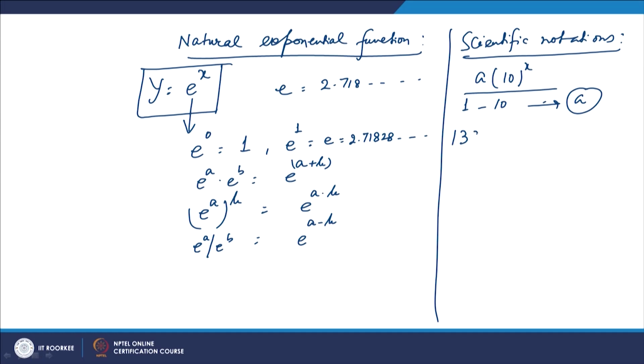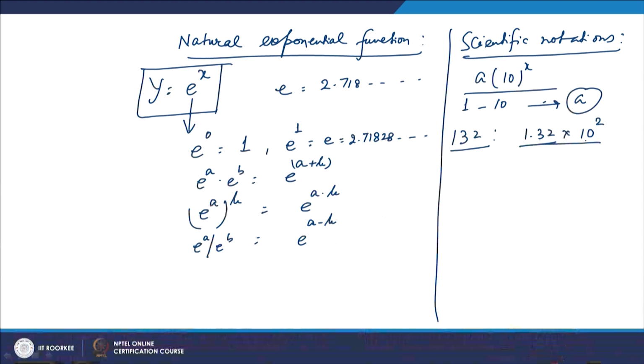So suppose you have 132. Now this can be represented as 1.32, and since we are taking the decimal towards the left, you will have the exponent 2 to be used, 10 raised to the power 2. So that way we use these exponents.